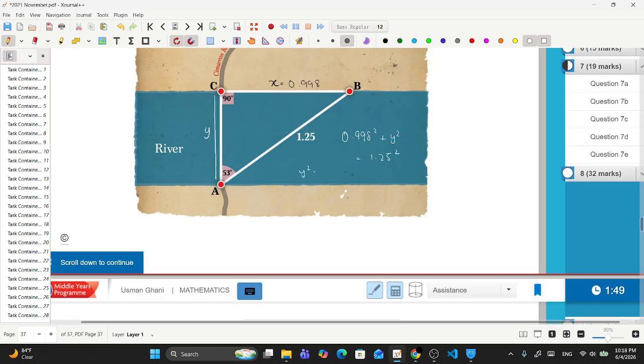Y squared equals 1.25 squared minus 0.998 squared. So this becomes 0.75.